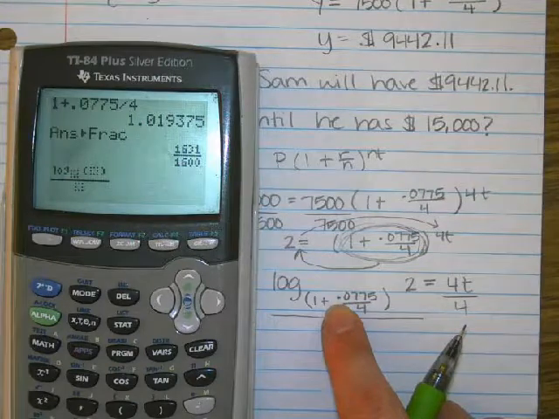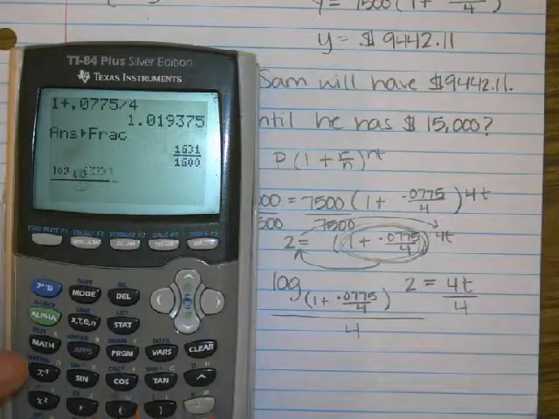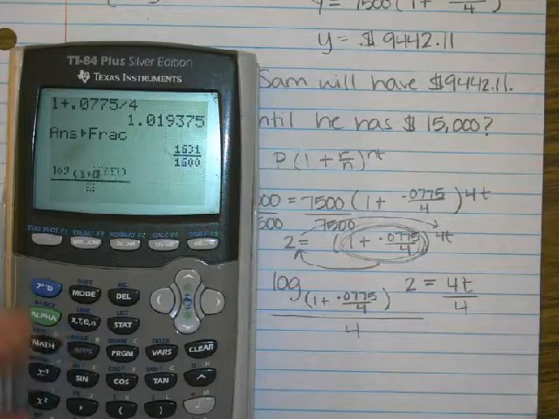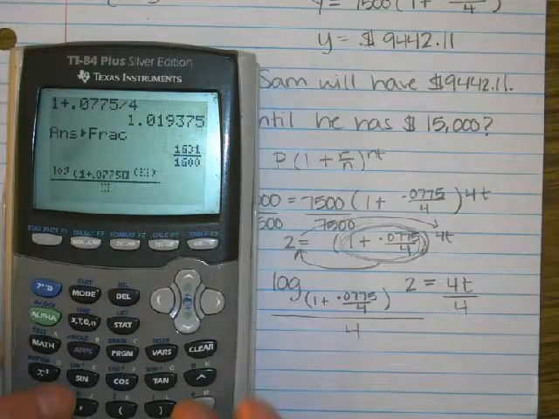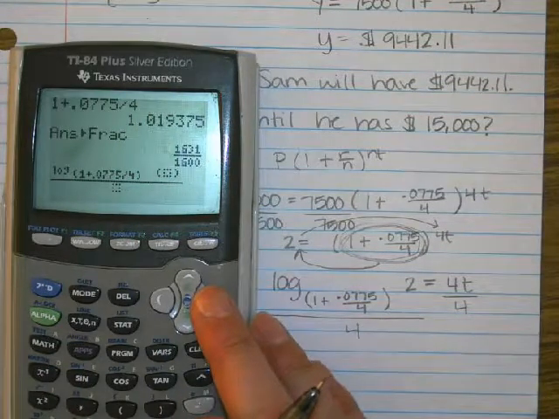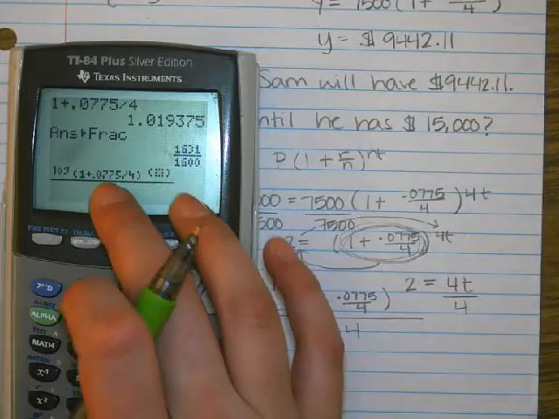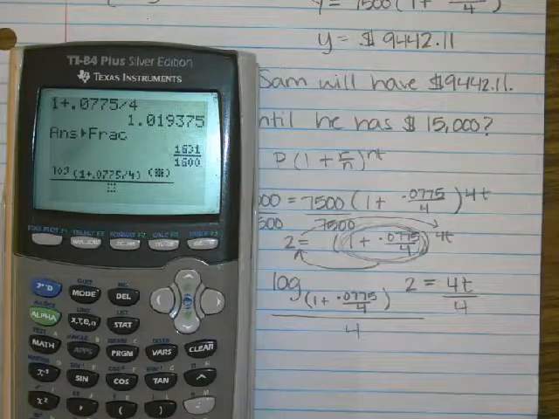We are going to plug the mess in as our base, so I'm going to put a parenthesis in and then 1 plus 0.0775 divided by 4, and see, your calculator is totally fine with that base. We don't have to put it over or anything again. The fraction is on the inside. You can put a fraction for the 0.0775 over 4 if you want. But your calculator is totally fine with that base. It doesn't have an issue.